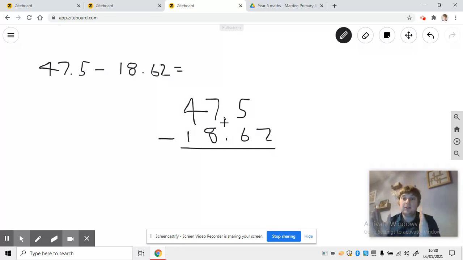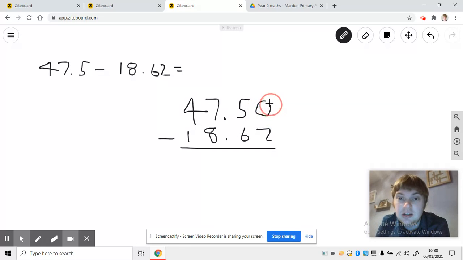That means my place value is correct, but I also know that the 8 and the 7 are my 1s, the 1 and the 4 are my 10s, so they all need to be lined up in their correct place value column. Now, it's a subtraction, so we can go over here and do nothing, take away 2. Well, I'm sure if I gave you 2 seconds, you could all tell me what goes there? The 0.